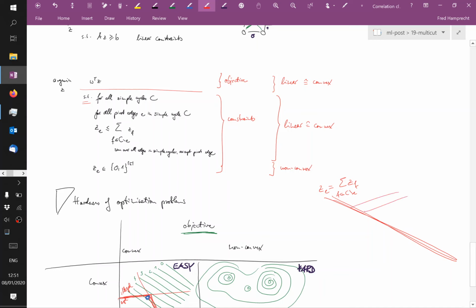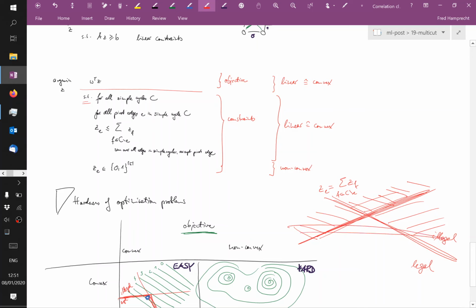So we say that this area up here is illegal, and that is legal. That would be for just one of the constraints. But now we have many, because we have many pivot edges, and we might have many simple cycles. So maybe I get another constraint, which also has a legal and an illegal side. And I might have more constraints.